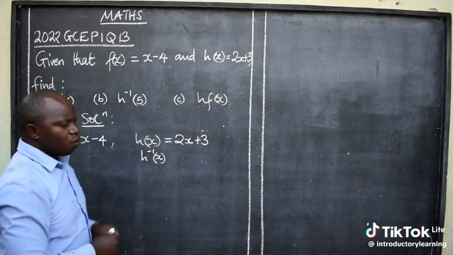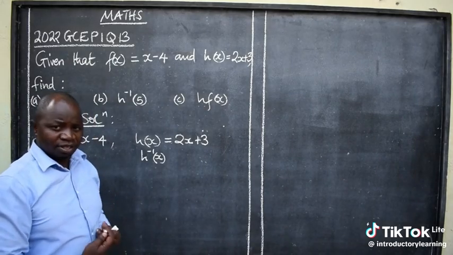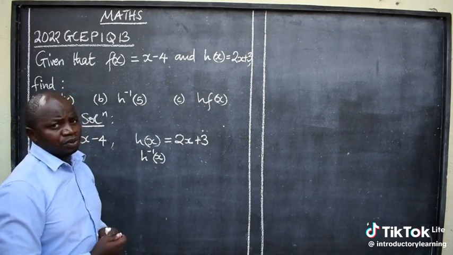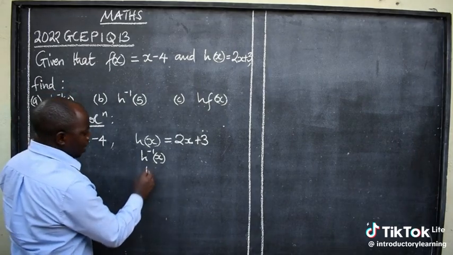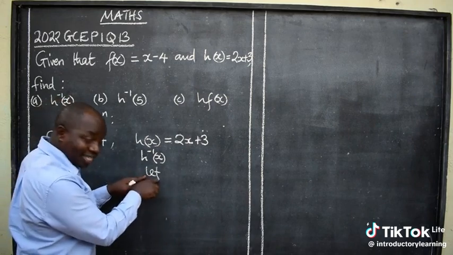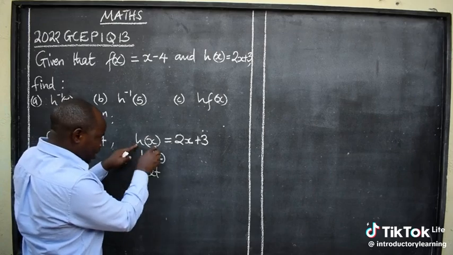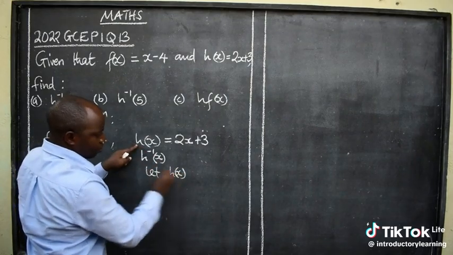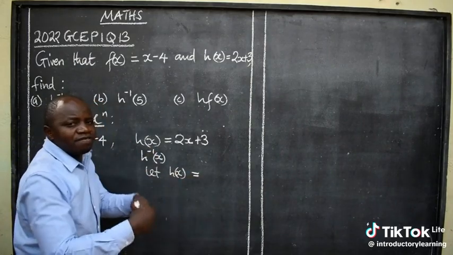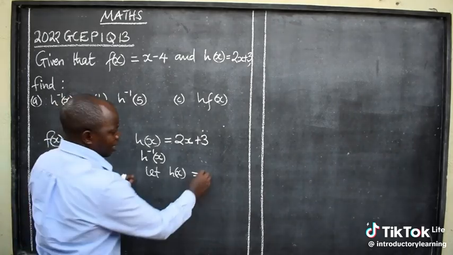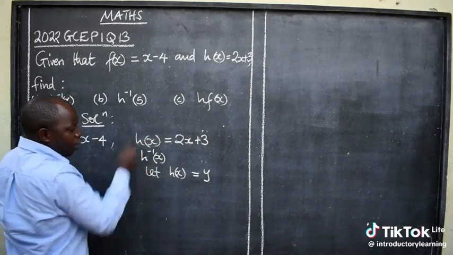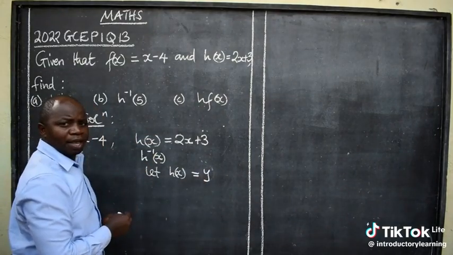Well, when you are finding the inverse of any function, this is what you need to do. In your exam, you say let the function h of x be equal to any variable, any letter, y. In short, we are saying where there is this function, we are going to substitute with y.